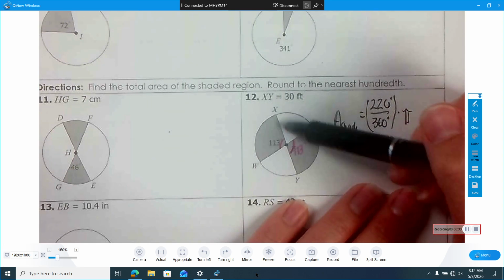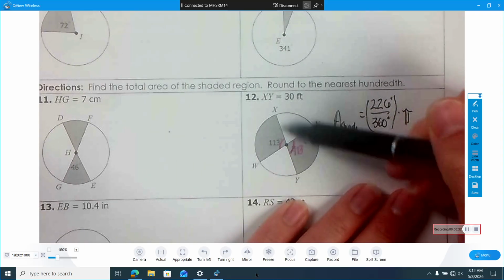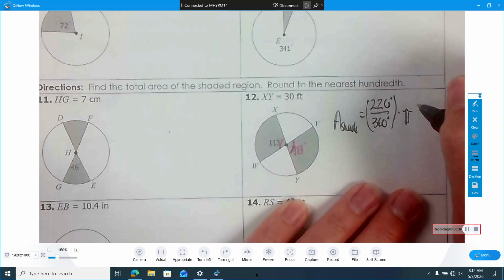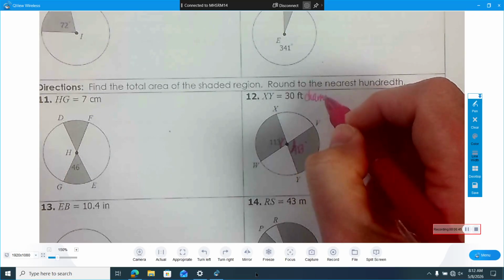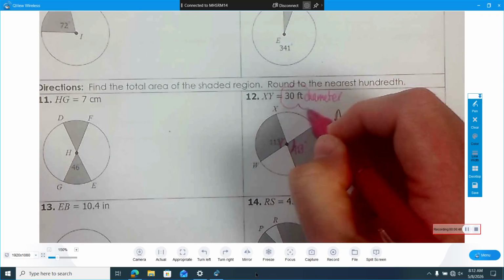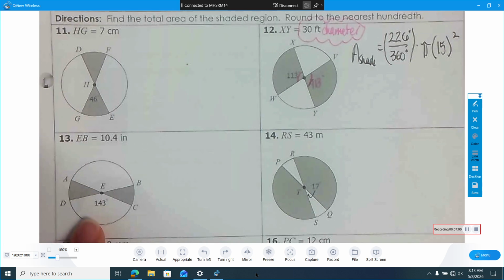XY is a diameter, so we need a radius of 15. So be careful, this was a diameter. So watch out for that trickiness. That's a diameter. We want to divide that by 2. All right. What about number 13?